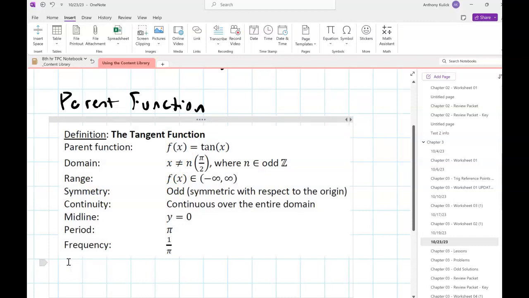The first thing you notice that's a little weird is look at how the domain is written. What it's saying is that every odd multiple of pi over 2, so for example, 1 pi over 2, 3 pi over 2, 5 pi over 2, or negative 1 pi over 2, negative 3 pi over 2, negative 5 pi over 2, this function is undefined.